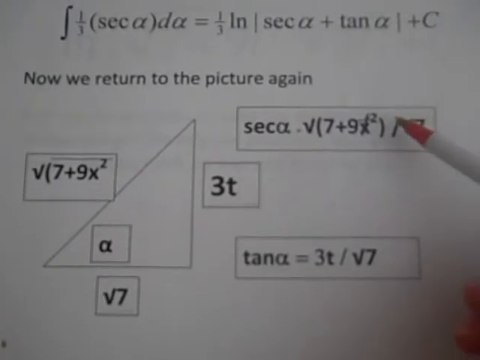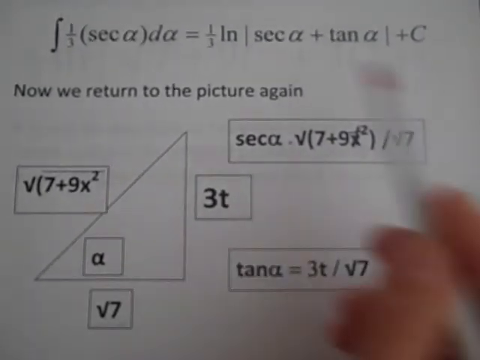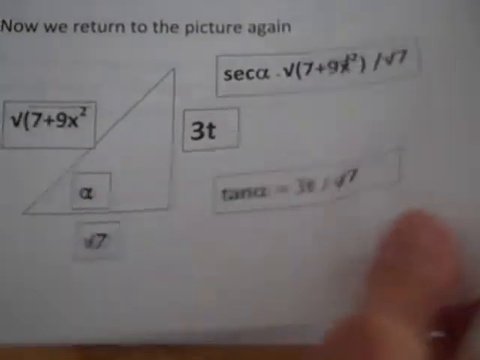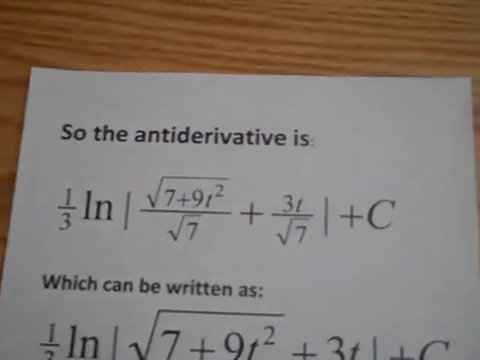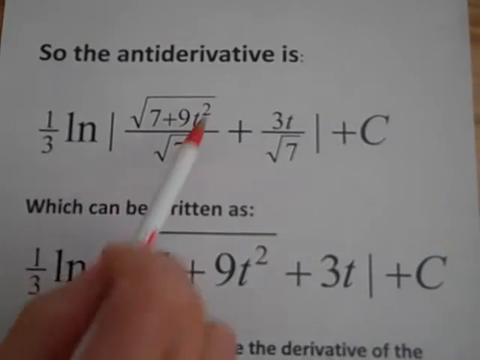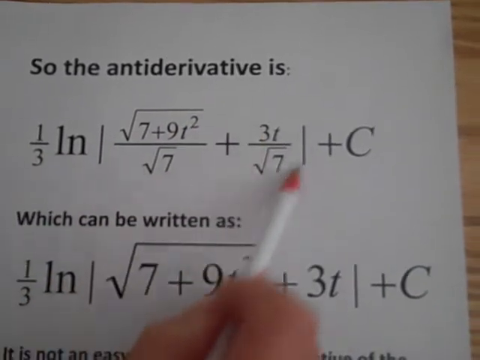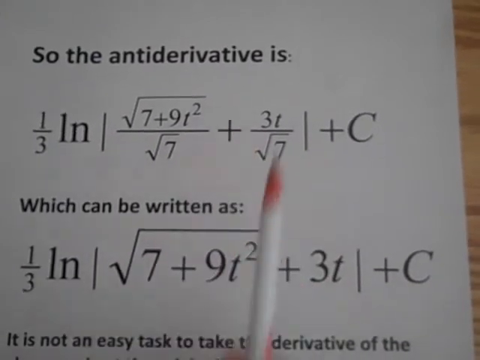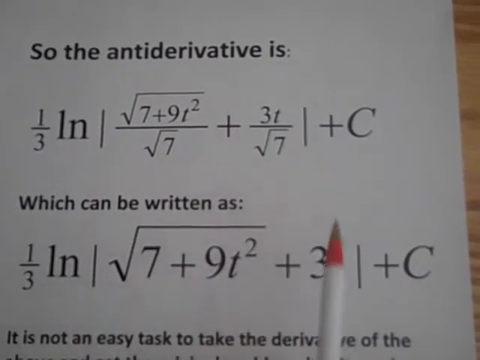Now what I'm going to do is take both of these and substitute them into that temporary answer right there. And this is what I'm going to get: 1/3 ln, remember that's the secant, and this is the tangent, plus c. Now how did I go from here to here? What happened to the square roots of 7?